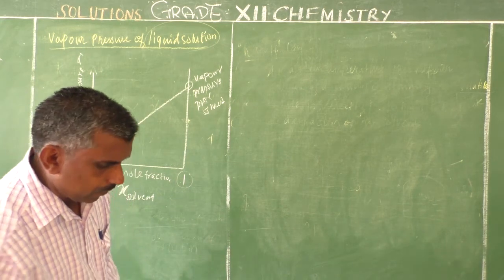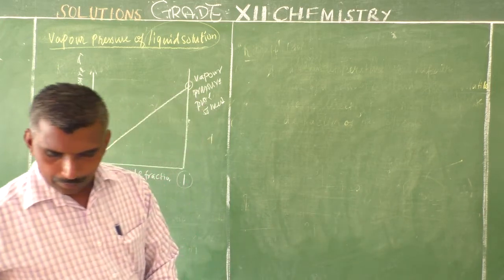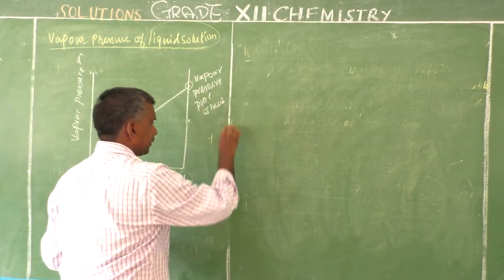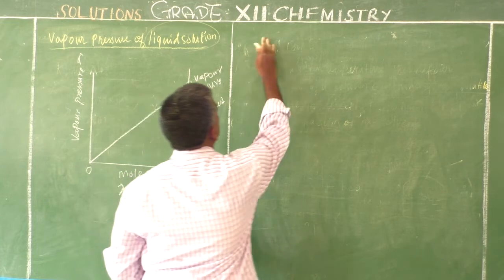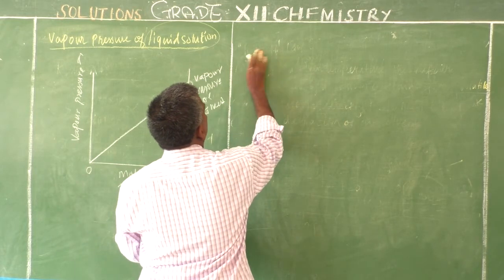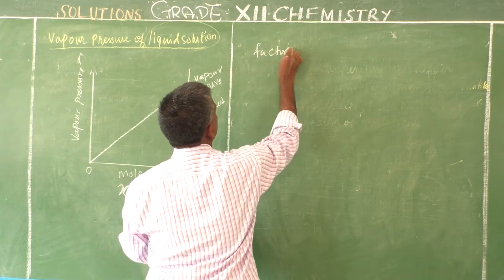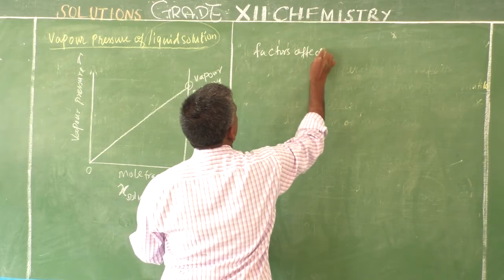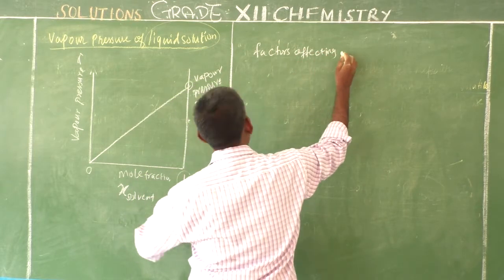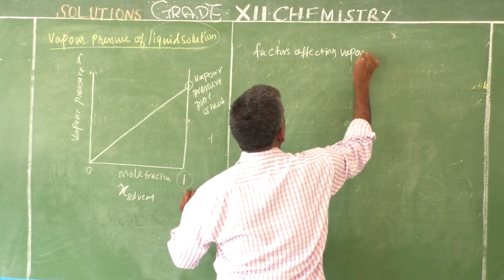Now, previously we learned about the vapor pressure of volatile liquids. Next, the factors affecting the vapor pressure of a volatile liquid.